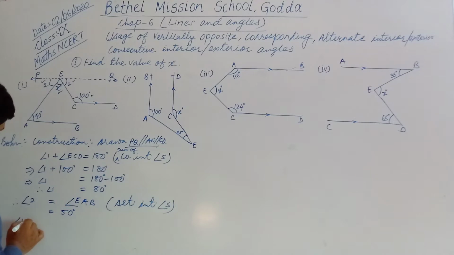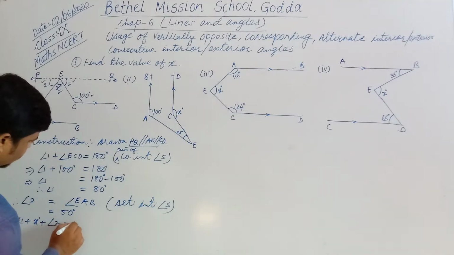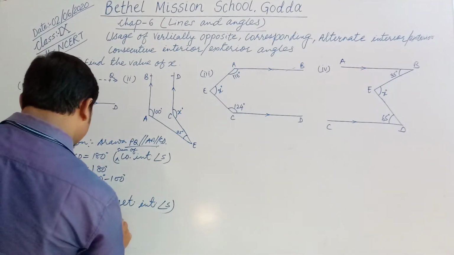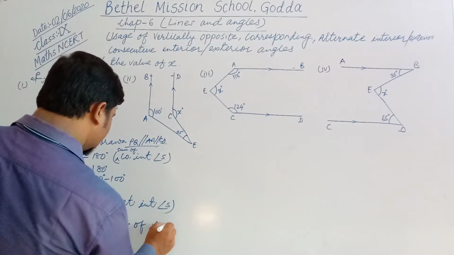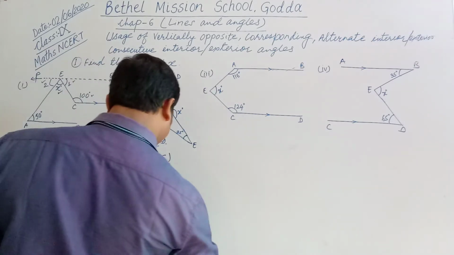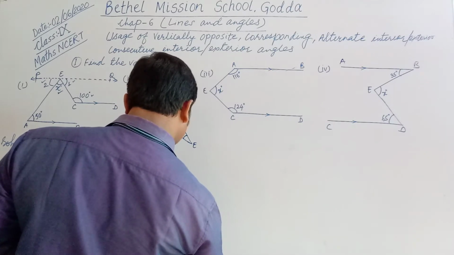So angle 1 plus x degree plus angle 2 equals 180 degrees. The reason is the sum of angles on a straight line.